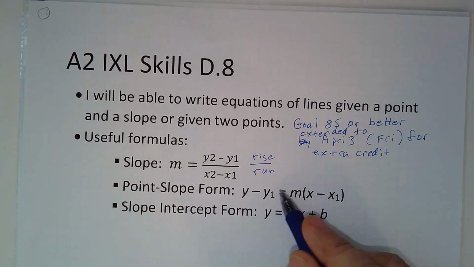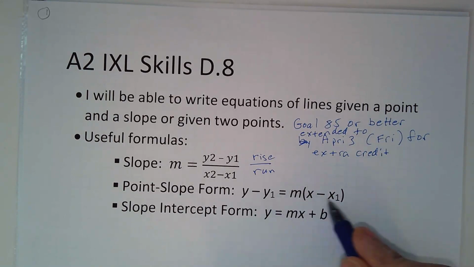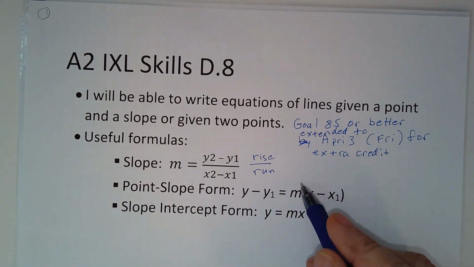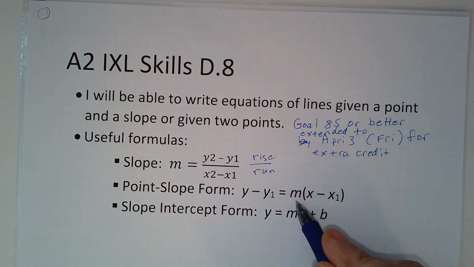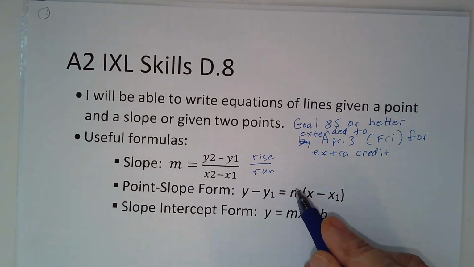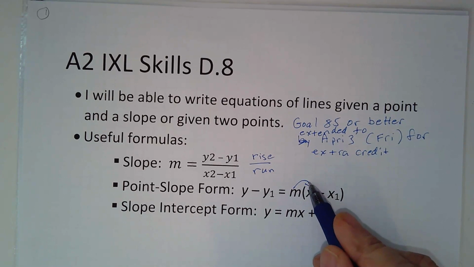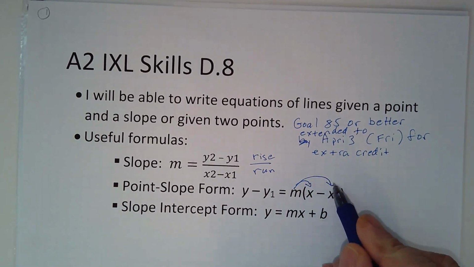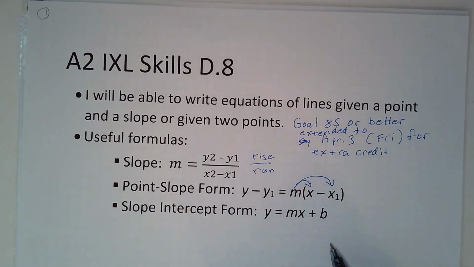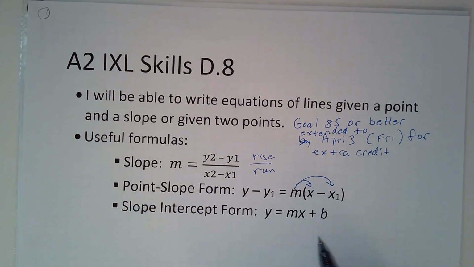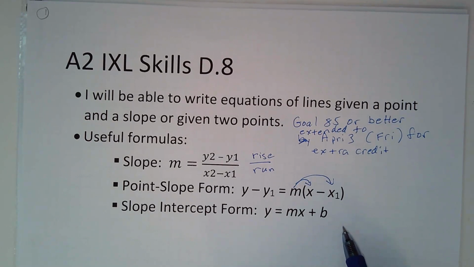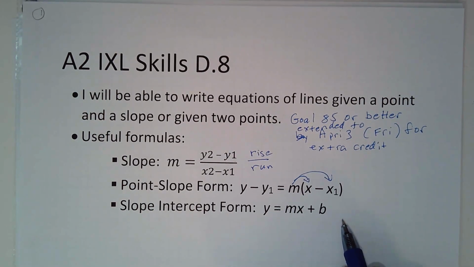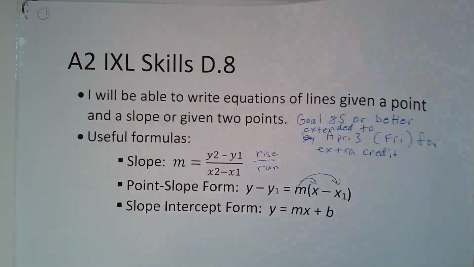So you will be putting in your coordinates for one of the points, and it doesn't matter which one it is. And then you're going to put in the slope, and then you're going to distribute the slope to the x minus the x1 coordinate that is from your given point. The slope-intercept form, you already have had a lot of practice with this. We'll be looking at it in the future, but we are not going to cover it today.